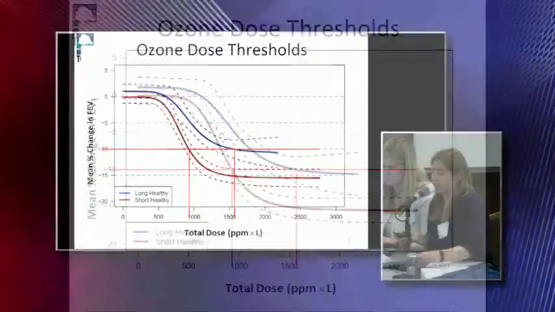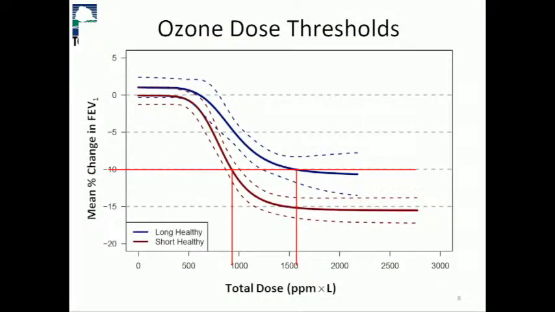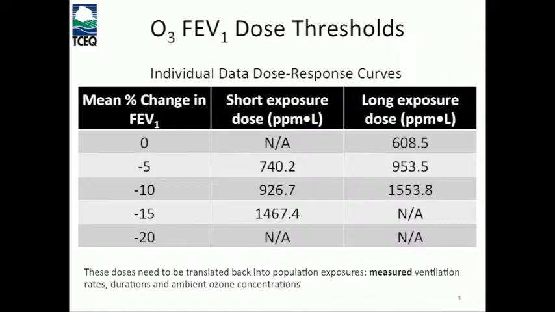From this, we've taken some threshold doses of ozone, which means that we looked at the dose at which you would see a group mean, for example, 10% FEV1 decrement for a shorter exposure or for a long exposure, and also for some other FEV1 decrements. And these are those dose thresholds from 0 to 20% FEV1 changes.